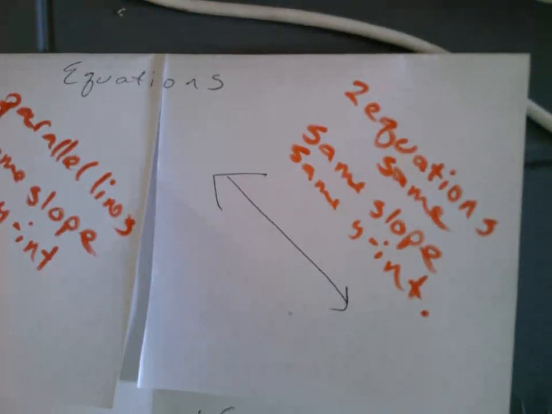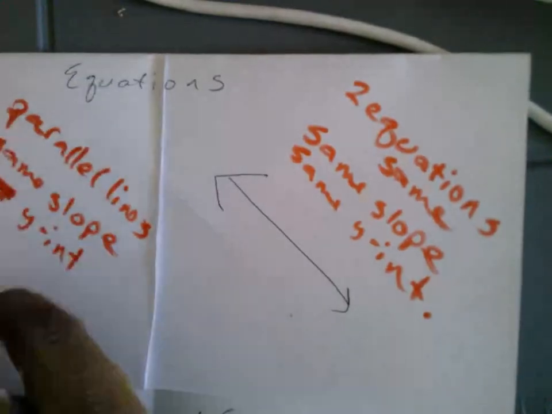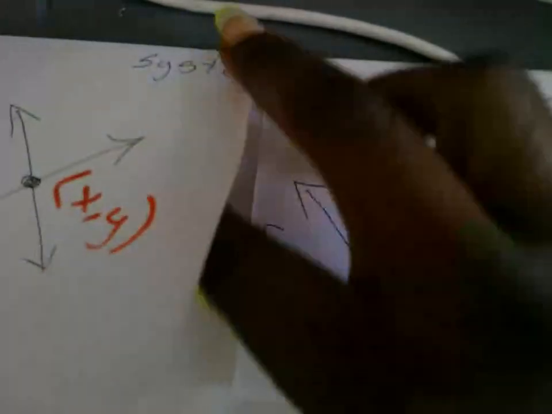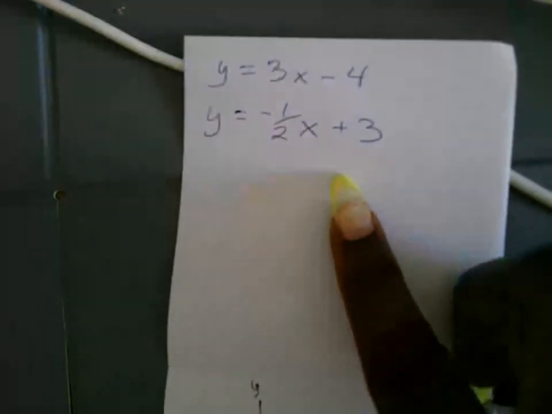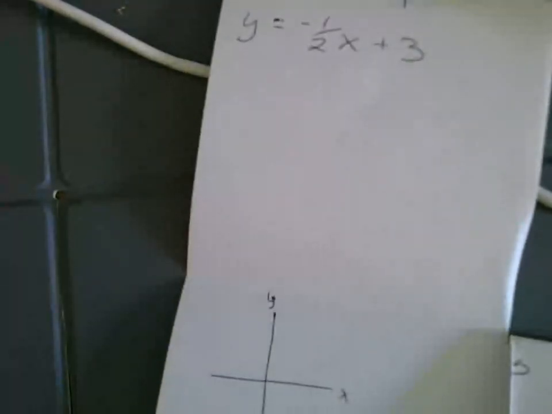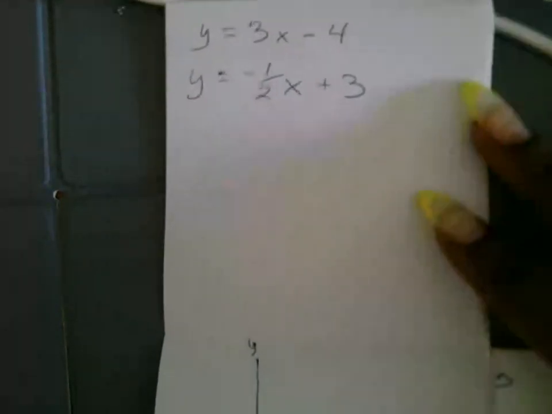Questions? Okay, let's turn to the foldable. This is a system of equations, and I'm going to give you an example of a real life scenario so you'll have a familiarity with it.